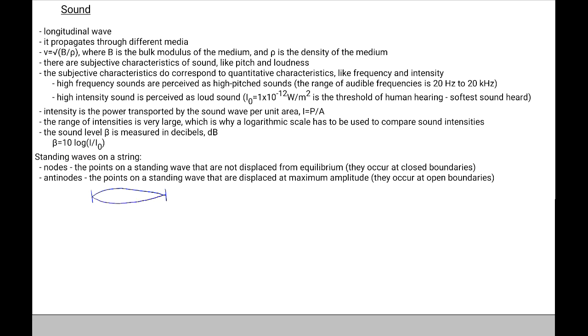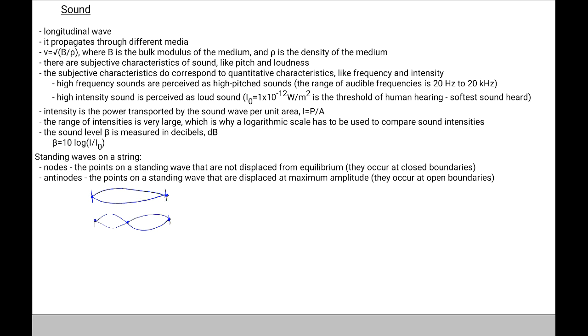There will be a node at either end and an antinode where the displacement here is largest. Then a second pattern that this can form looks something like this. There's a node there, a node here, a node there, and then we have antinodes here and here.